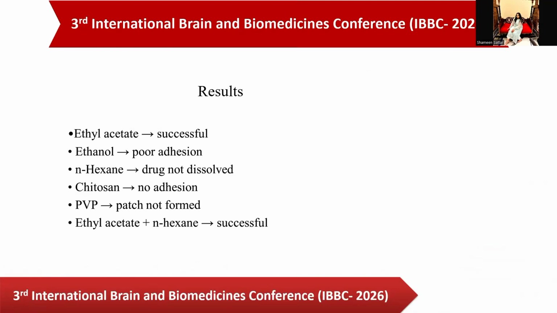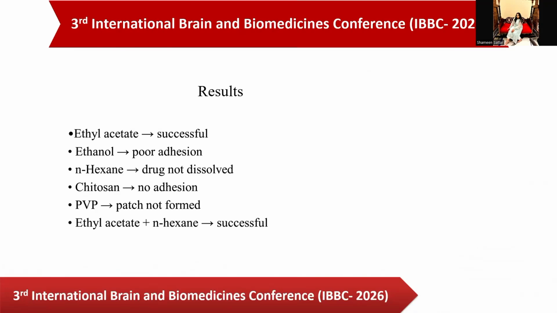Results after formulation show that the formulation made using the solvent ethyl acetate is the more successful. Ethanol doesn't form any proper adhesive, so it is a poor adhesive. In hexane, the drug doesn't dissolve.